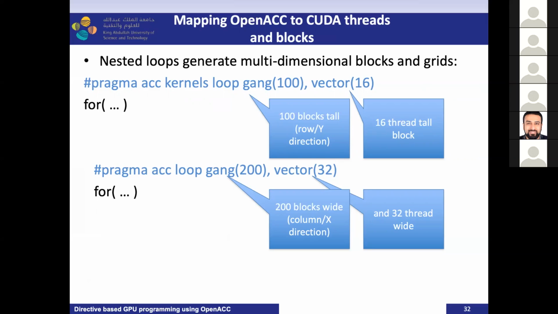So you can have 200 by 100 gangs or blocks, and you can have the block distribution as 32 by 16 threads, a 2D thread block as mentioned here in the vectors. And that's useful to extract even more parallelism, as you can see.